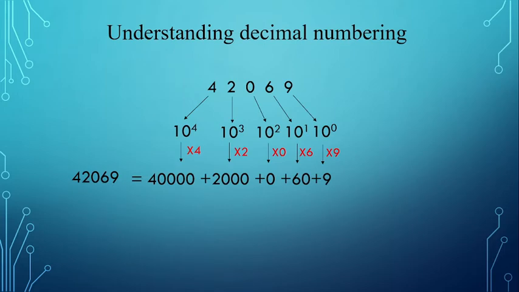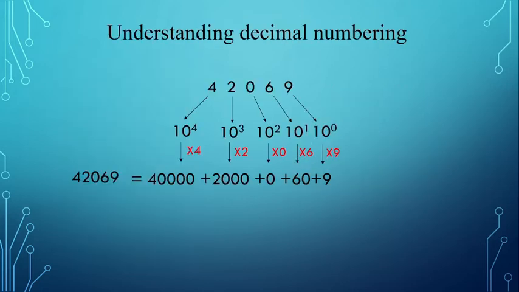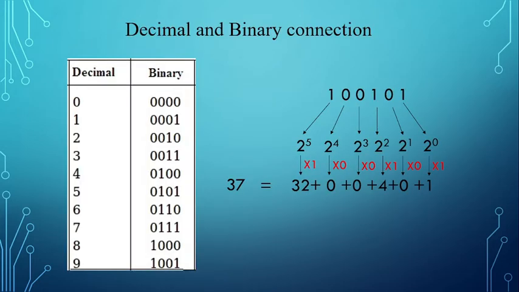Here in decimal, you can see it multiplies by 10. Here it multiplies by 2. So we say decimal is a base 10 number. It's a binary number because its base is 2. It multiplies by 2 for each placement. As you can see, like the decimal one, this also adds up.